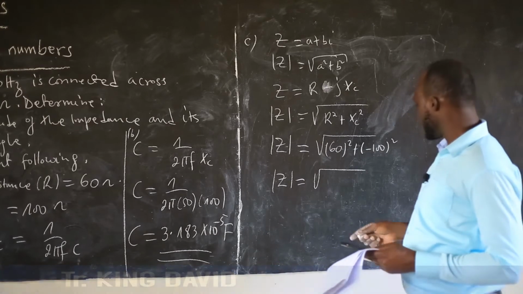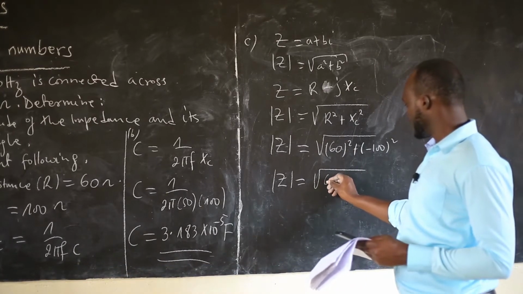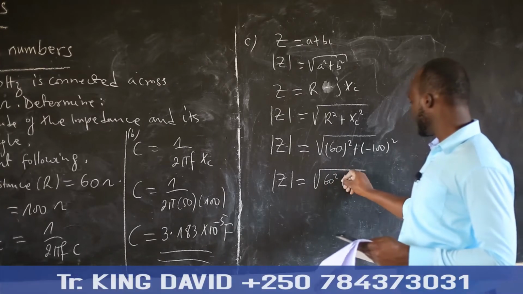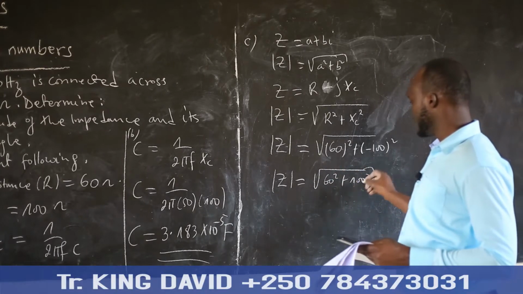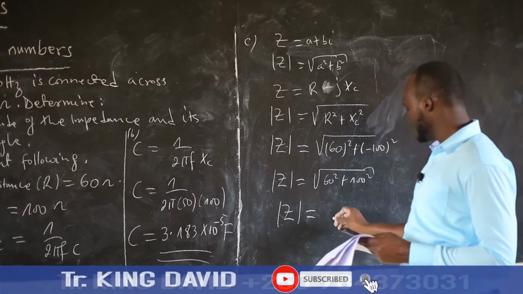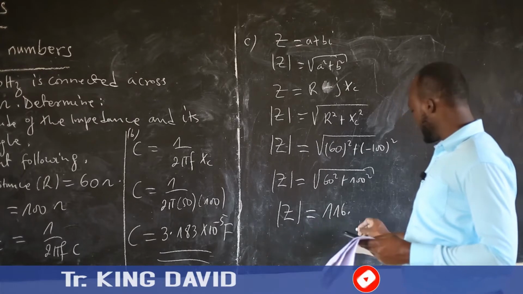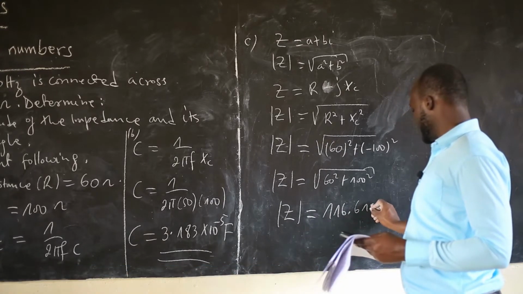The final answer for the magnitude of Z is 116.619.